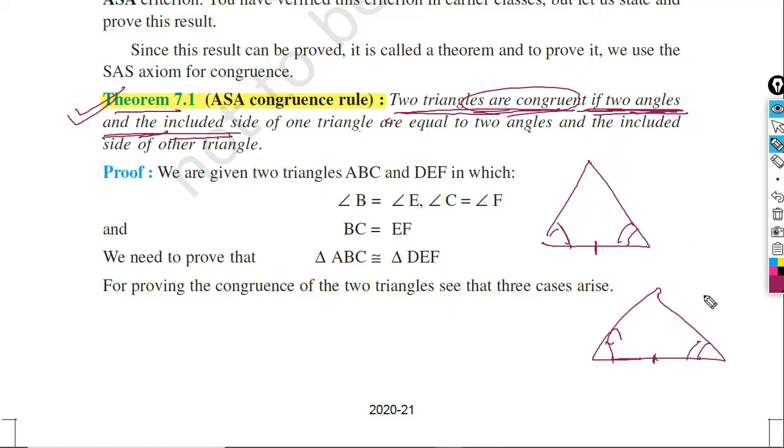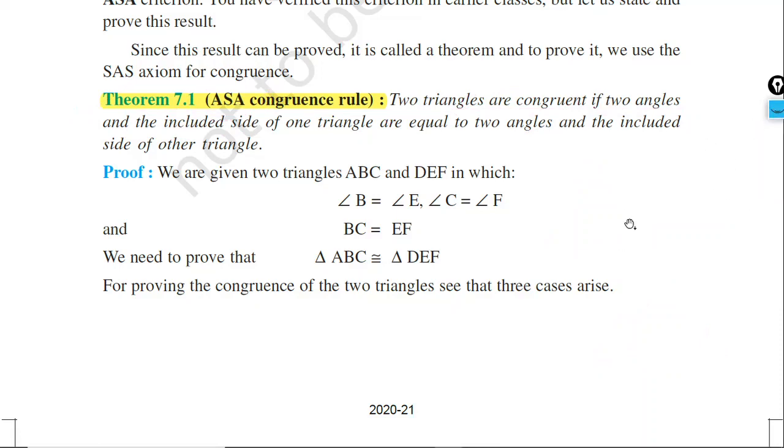If this type of condition arises, then the two triangles will be congruent, and the rule will be angle side angle. Okay, so the figure is here.